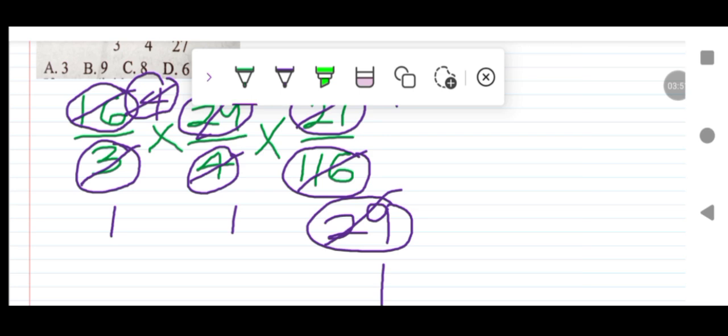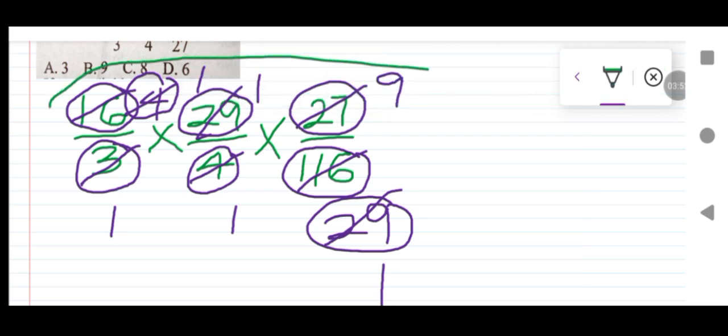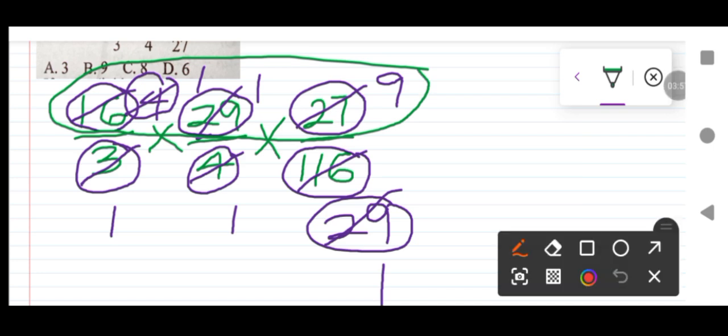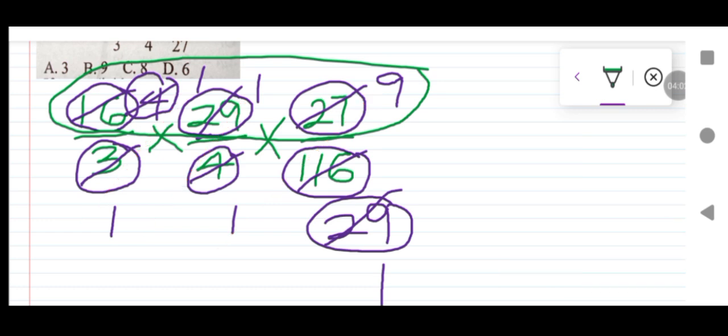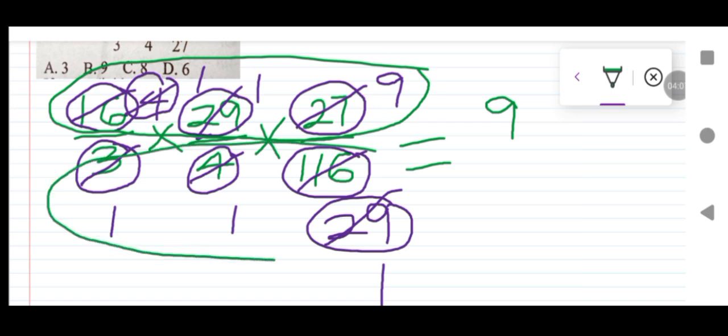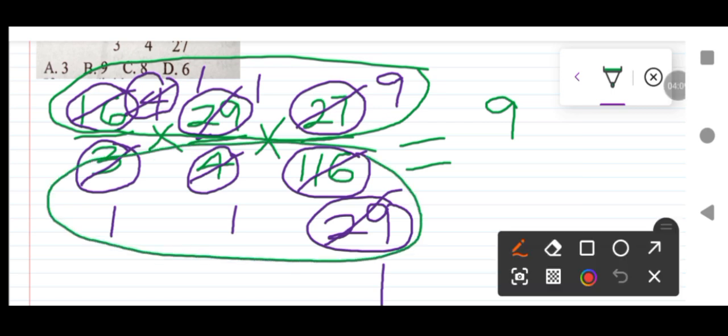Now we are going to check the numerator. What are the values we have? 1 times 1 times 9, which is 9. So let's check the denominator. The denominator is over here, and we have 1 times 1 times 1, which is still 1.